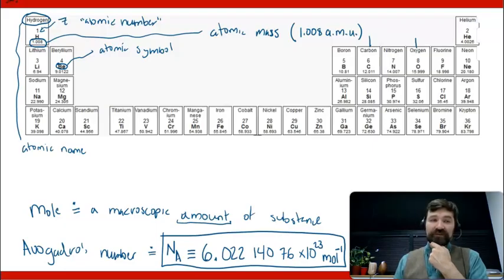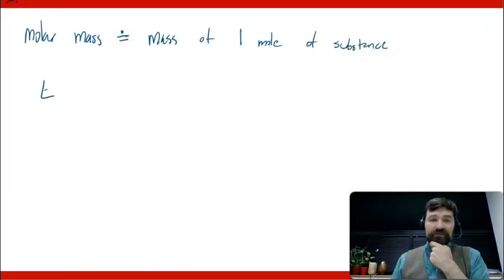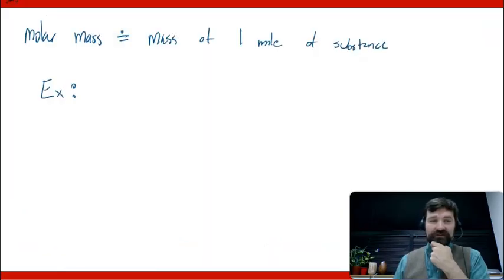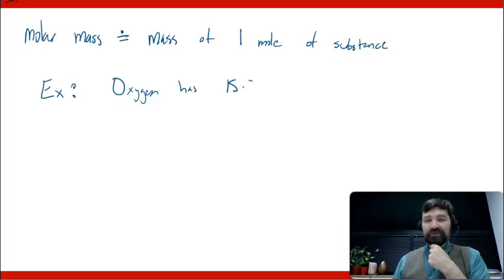Okay, so example, the periodic table says for oxygen that we have 15.999. So oxygen, O, has 15.999 AMU for atomic mass, average.